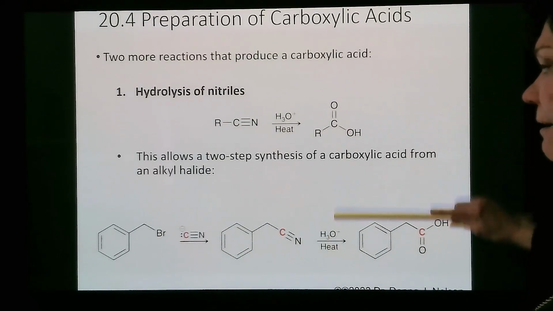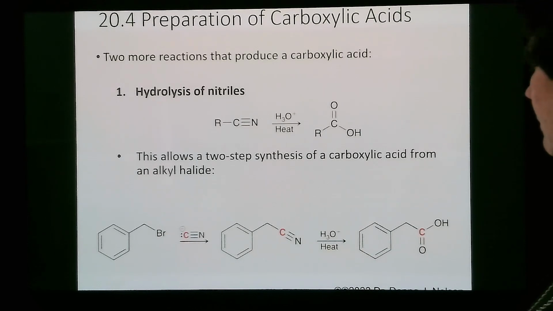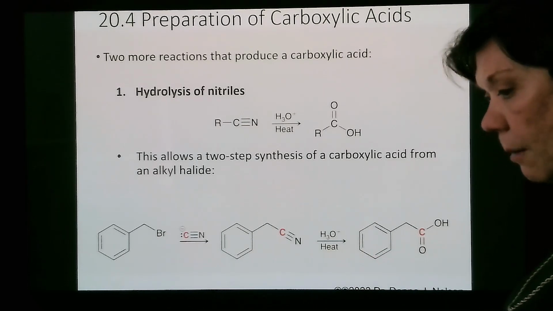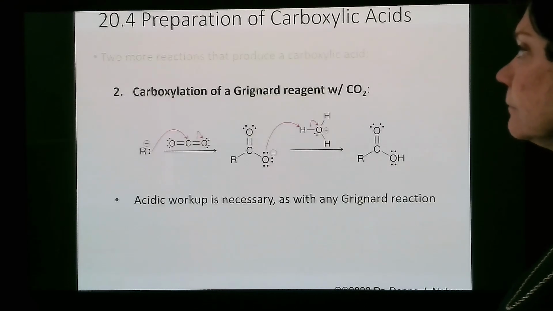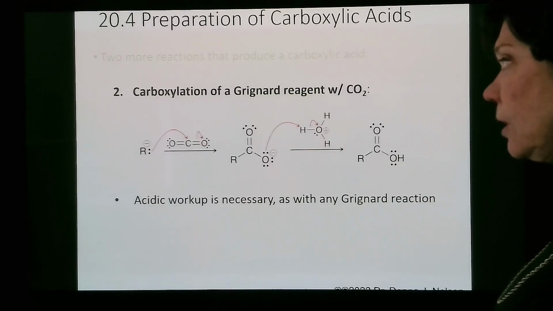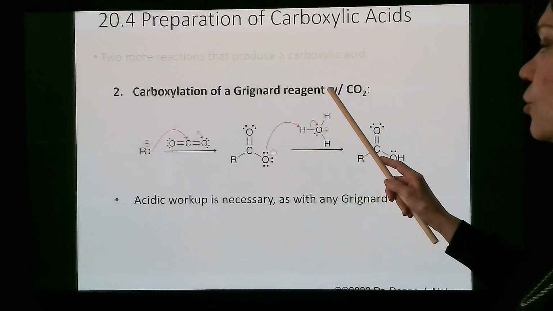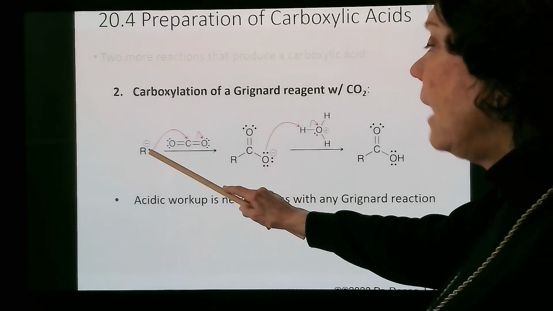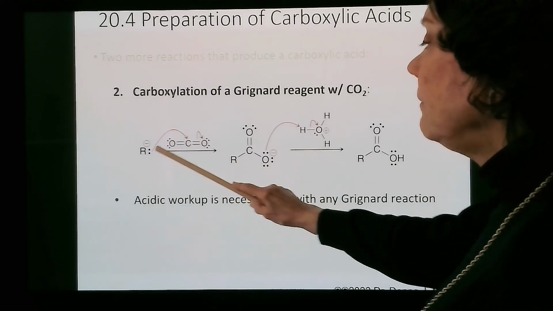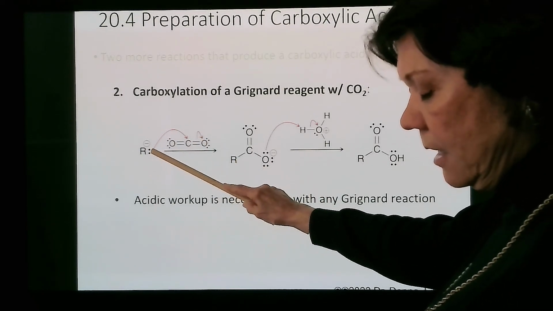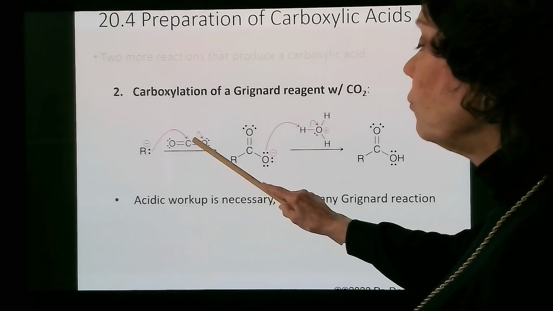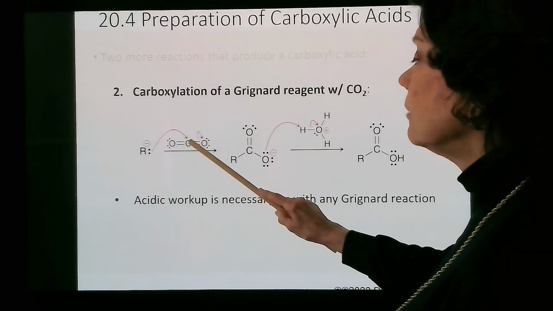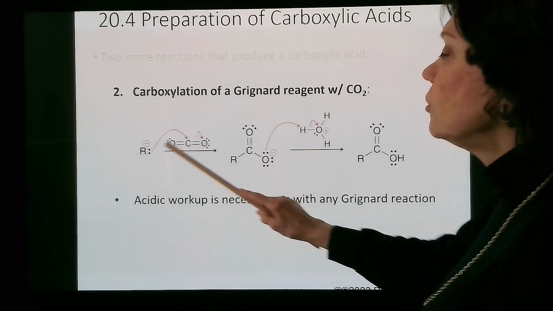You've already seen this reaction previously. Carboxylation of the Grignard reagent. You've seen this also. The alkyl group, the anion, attacks the central carbon, which is bonded to two oxygens and therefore bears a slight partial positive.